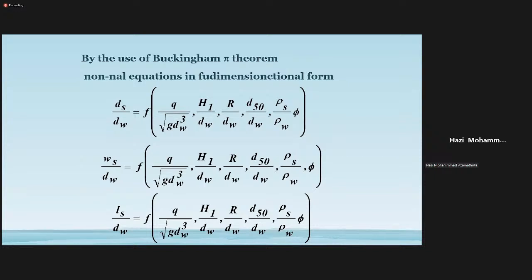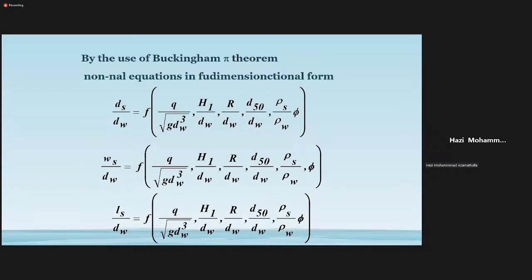Then relative head with respect to bucket radius. These are your five groups.